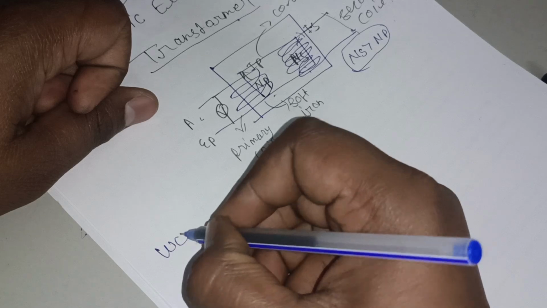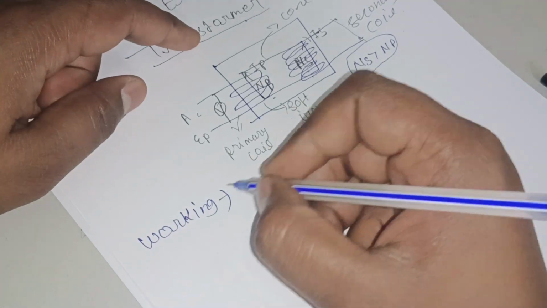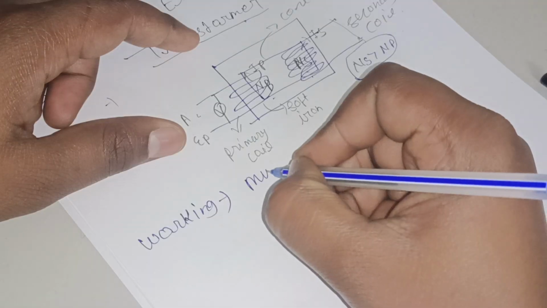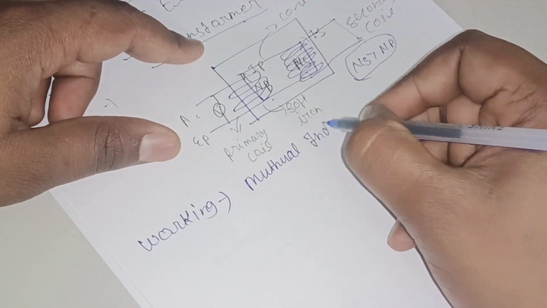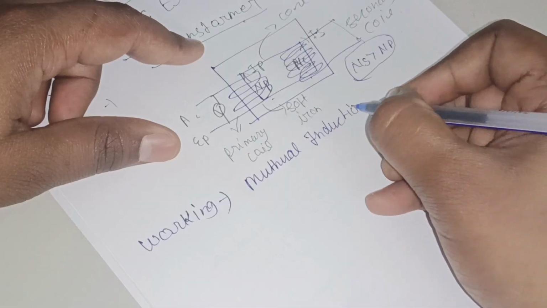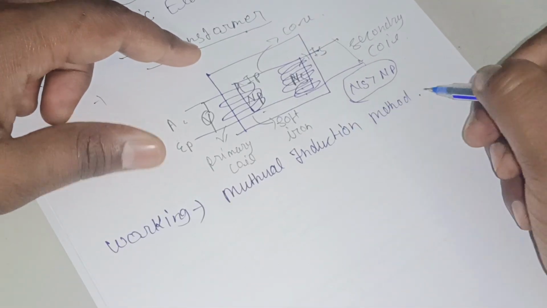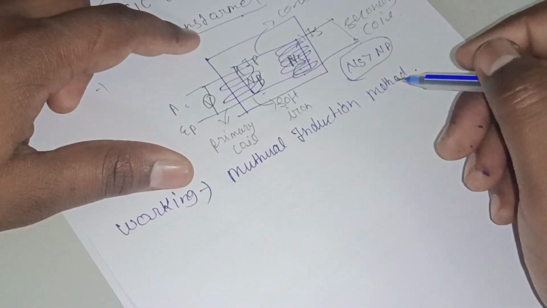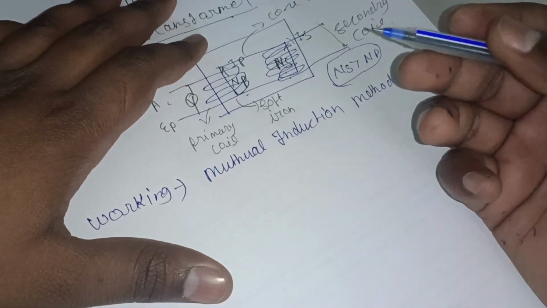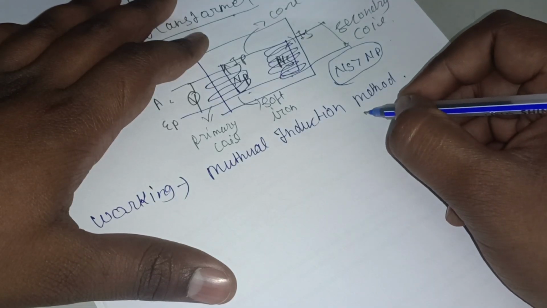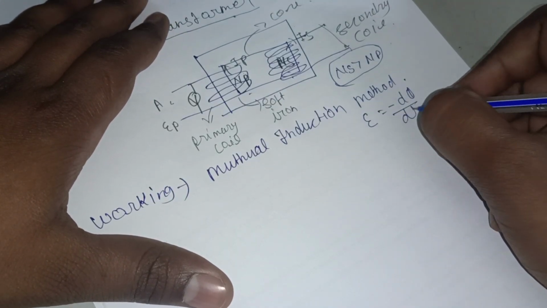Now the working. You all know that it works on the mutual induction method, and how the mutual induction method works. So let's discuss some mathematical terms. E is equal to minus d phi by dt.